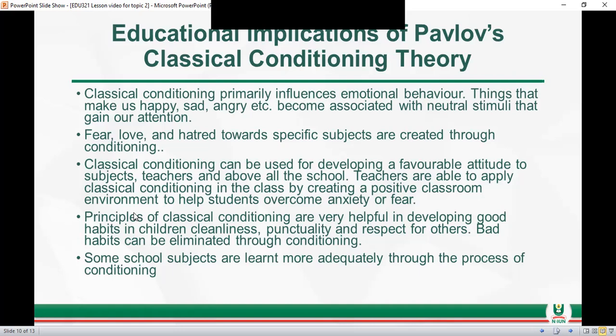For example, a math teacher with a defective method of teaching and improper behavior in the classroom may be disliked by learners. The learners develop hatred towards math due to the teacher's behavior.